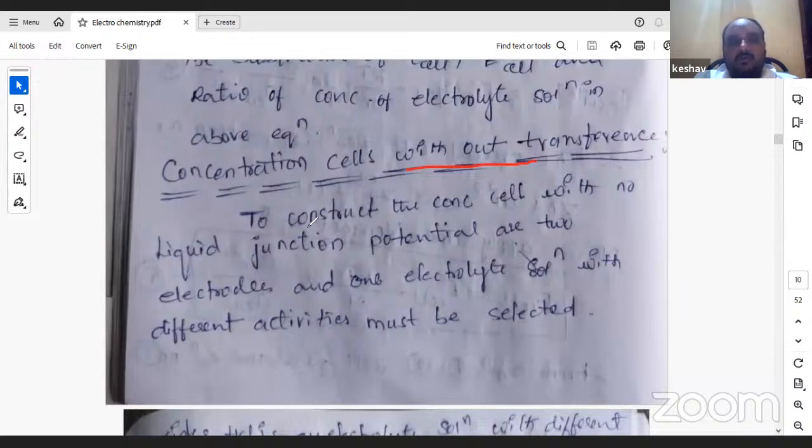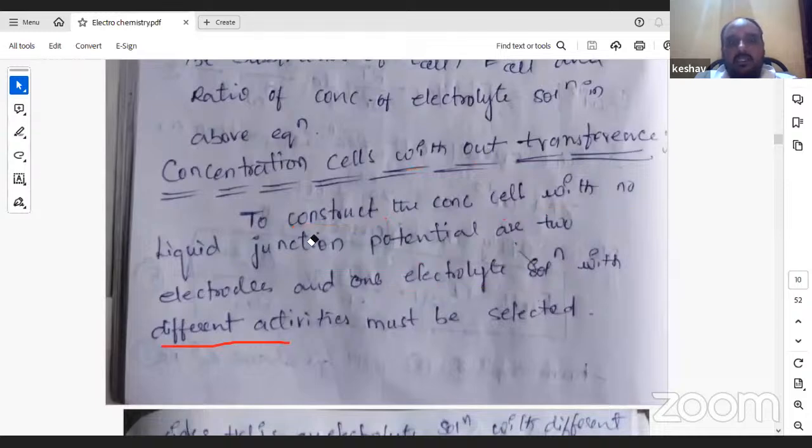To measure that potential, to construct the concentration cells without transference, meaning without liquid junction potential, we must select two electrodes and one electrolyte. That one electrolyte must be with different activities.